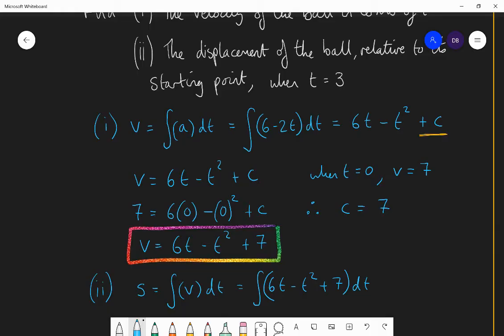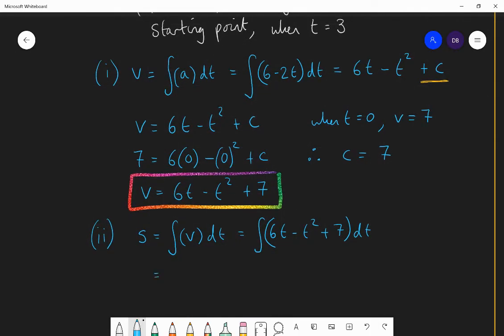If I integrate 6t, that will give me 6t squared divided by 2, so that's 3t squared. If I integrate minus t squared, it becomes minus t cubed divided by 3, so minus a third t cubed. And if I integrate 7, I get plus 7t. And also, I have plus some other constant.